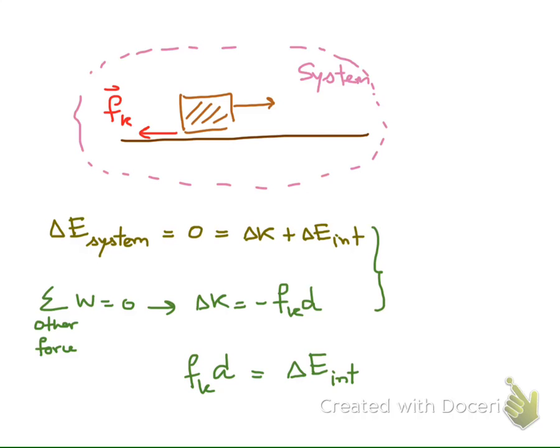As we discussed before, we can feel that the object is warmer or the surface is warmer, and that is because the kinetic energy transfers to the internal energy of the system, and this happens because of the kinetic friction. So the work from the kinetic friction is the energy transfer that changes the kinetic energy to the internal energy of the system.